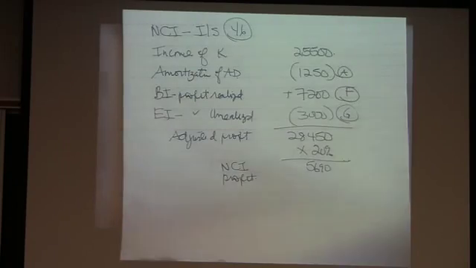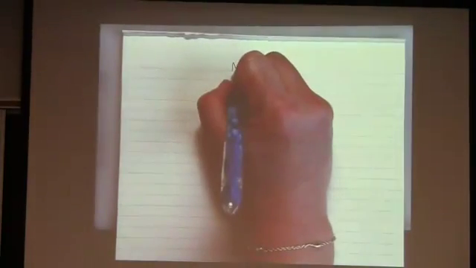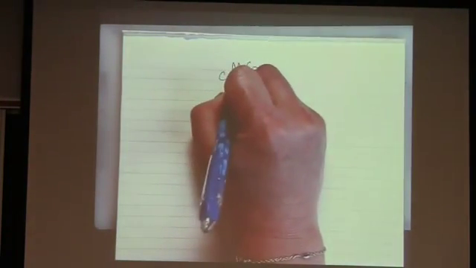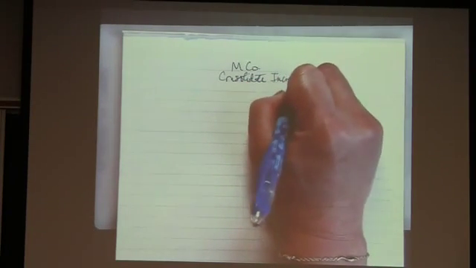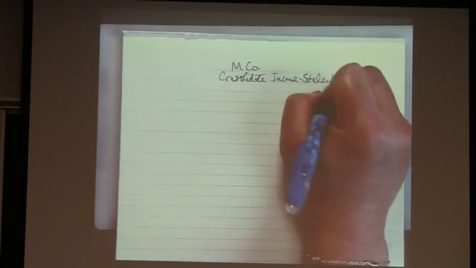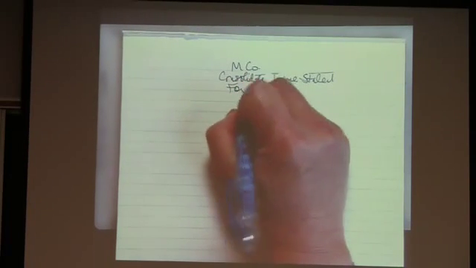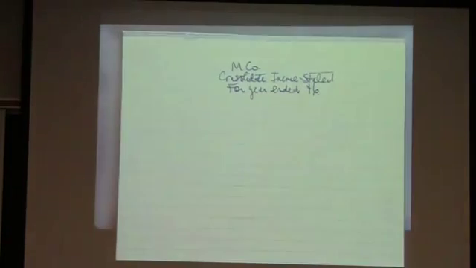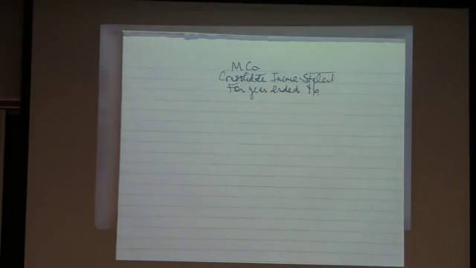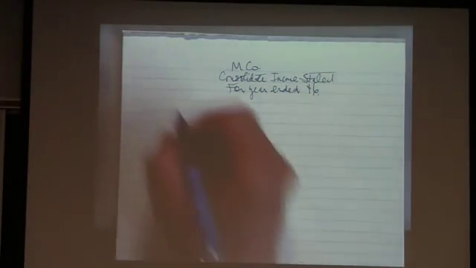Okay, so now we're going to actually do the consolidated statement. So it's M Company, consolidated income statement for the year ended, year 6. Let's start with revenue or sales.